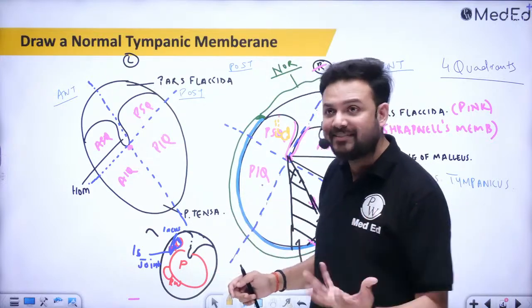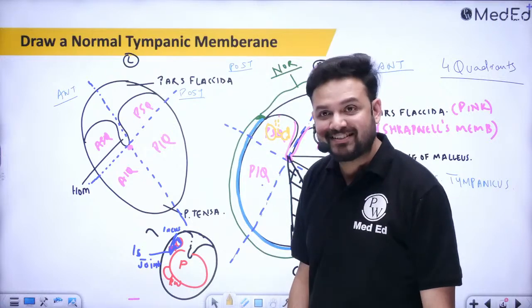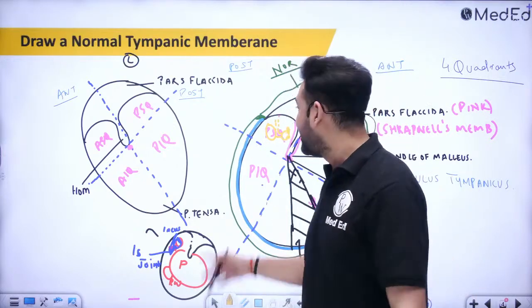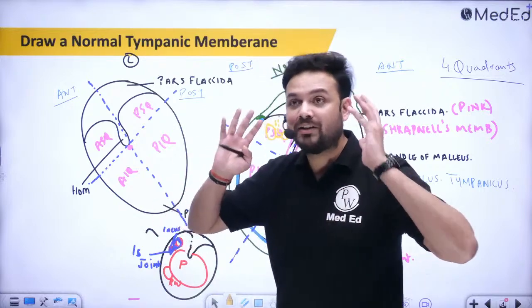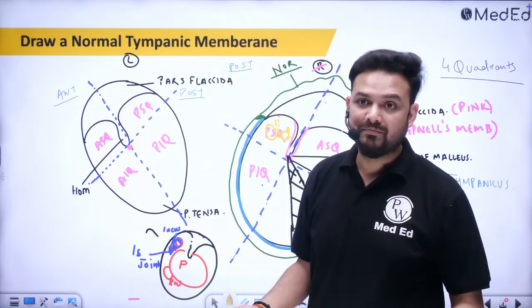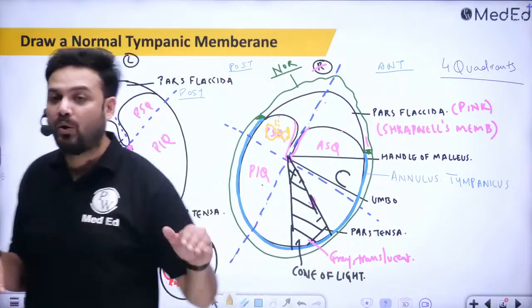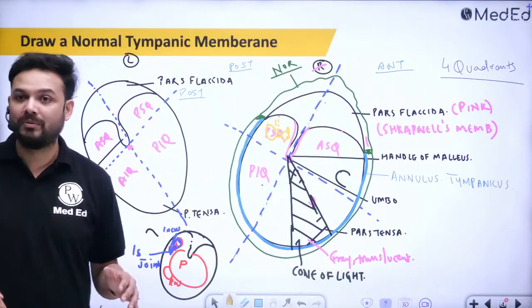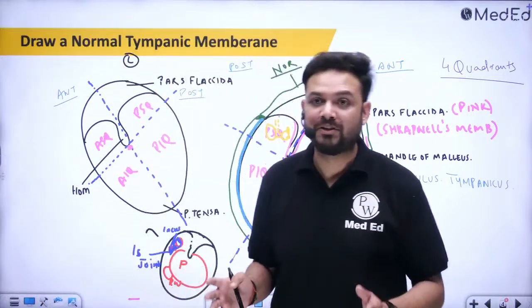That means if we get any disease in this part of the pars tensa, there is always a chance that my incudostapedial joint will get harmed and my hearing loss will increase. This is why the posterior-superior quadrant is the unsafe quadrant of the pars tensa. Always remember that. Out of all of them, the most unsafe is the posterior-superior quadrant.